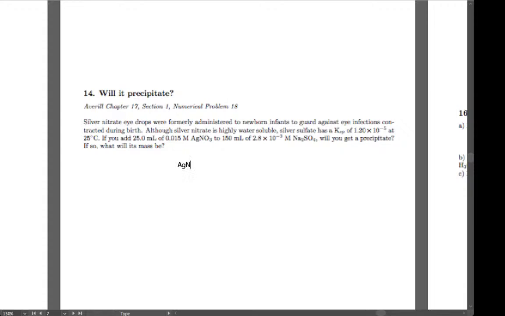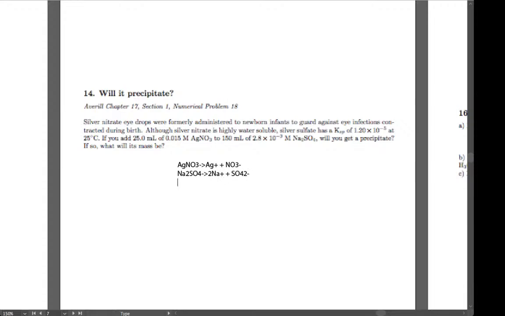AgNO3 would result in Ag plus and NO3 minus, and then after that you've got Na2SO4, which would result in 2Na plus and SO4 2 minus.